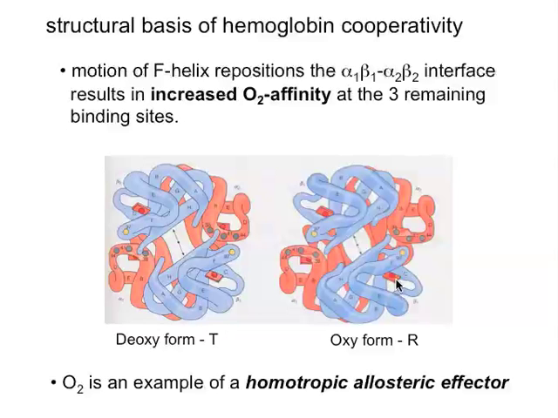We call it homotropic because it's the actual ligand molecule, the functional molecule that hemoglobin is designed to interact with, if you will. But this term becomes a little bit slippery. Let's think of it as binding at hemoglobin's actual active site, homotropic allosteric effector, as opposed to heterotropic effectors that we'll encounter in just a few minutes.